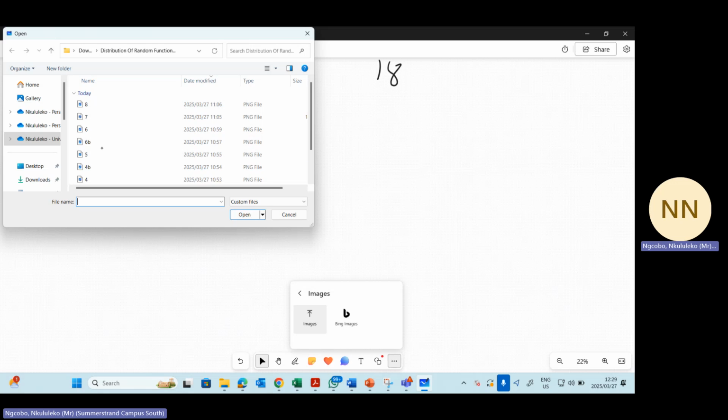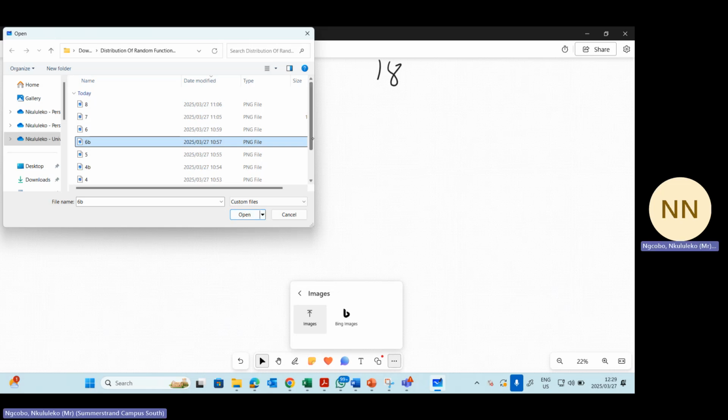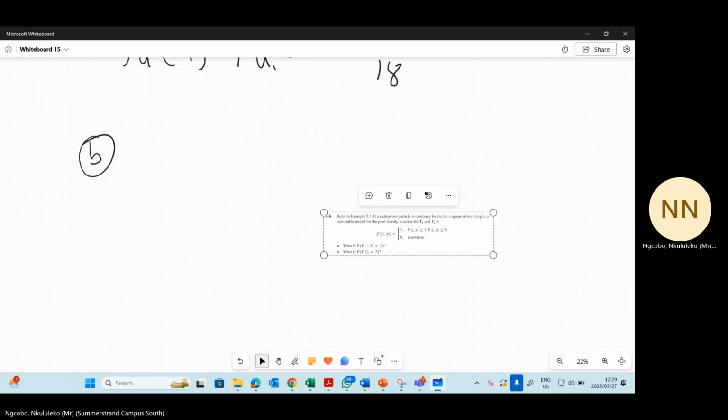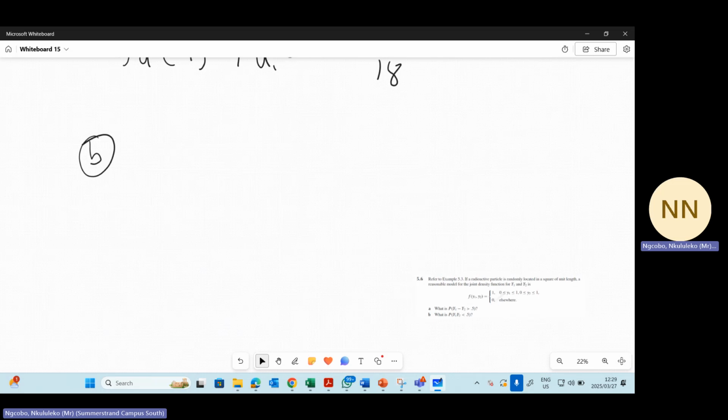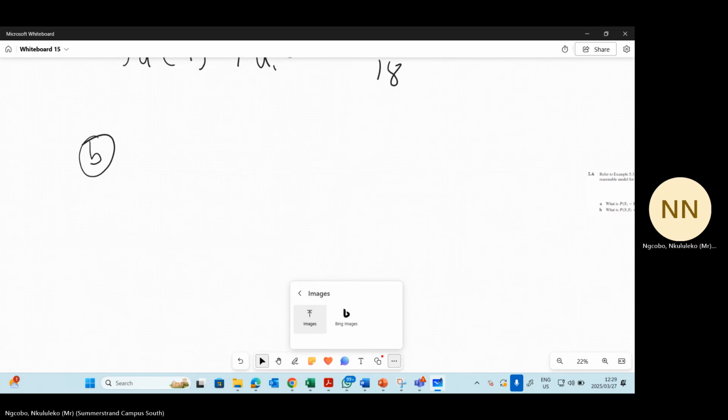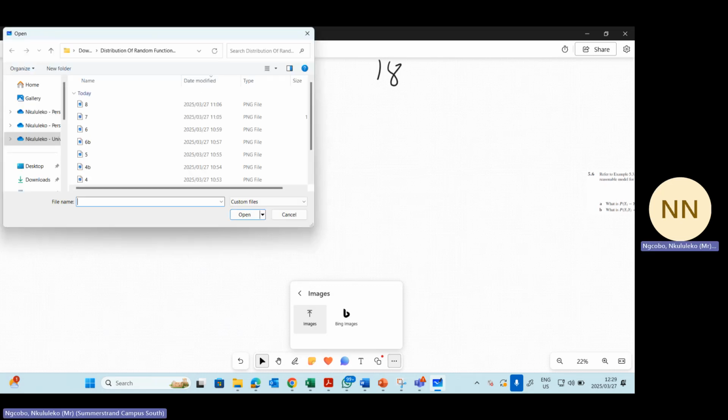Let's look at another example. Maybe before we look at this one, let's look at this example.